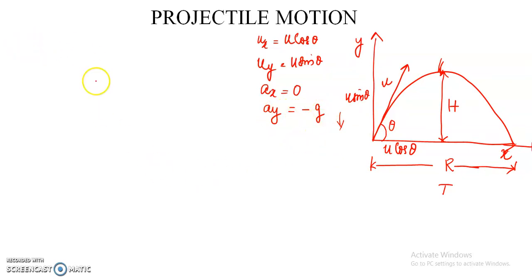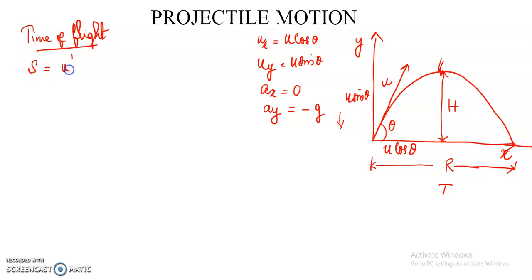Now we can find the time of flight. Time of flight is defined as the time taken by the projectile to cover the horizontal range. We have Newton's equation of motion as displacement s equal to ut plus half at square, where u is the initial velocity, t is the time taken and a is the acceleration.